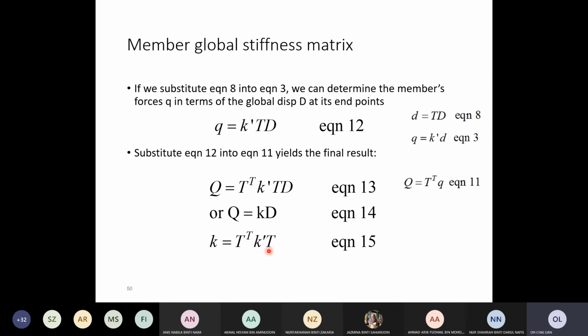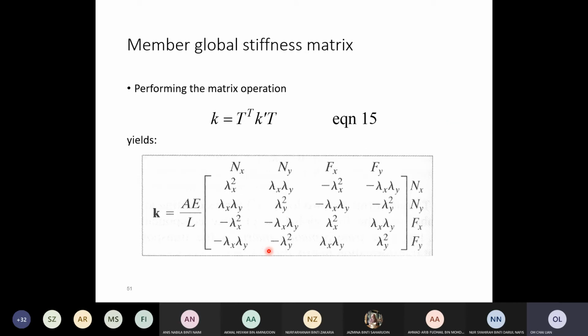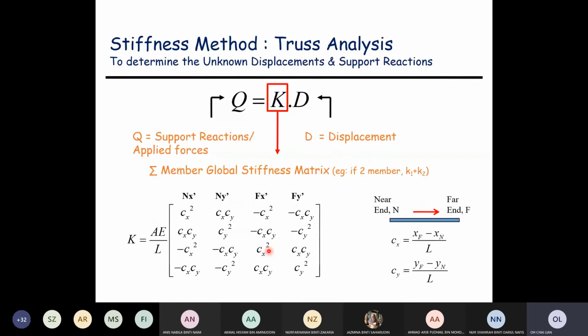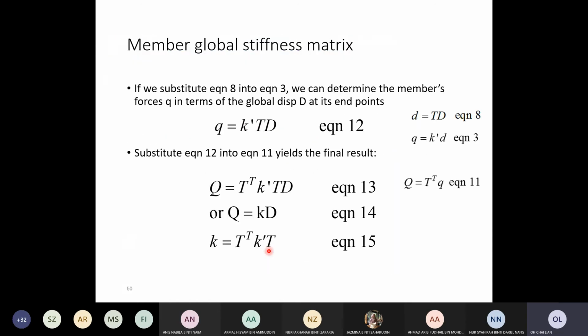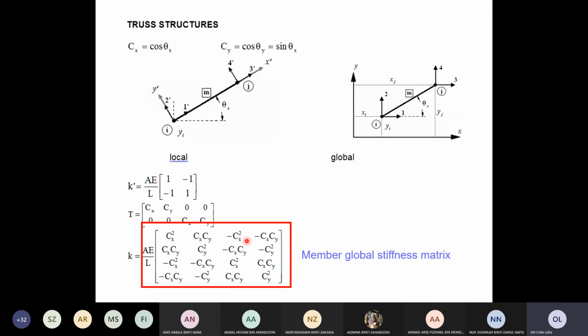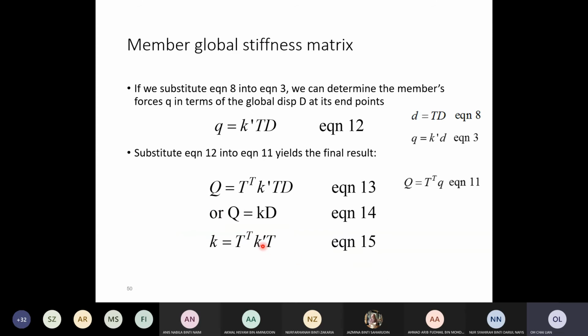T transpose is the vertical placement of this T, and then multiply with the K prime.